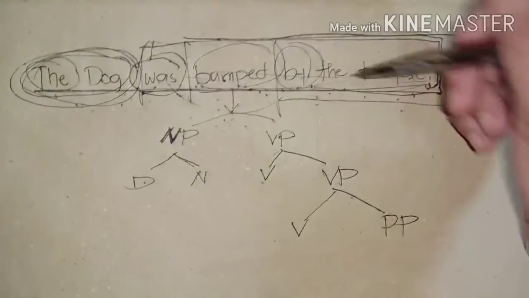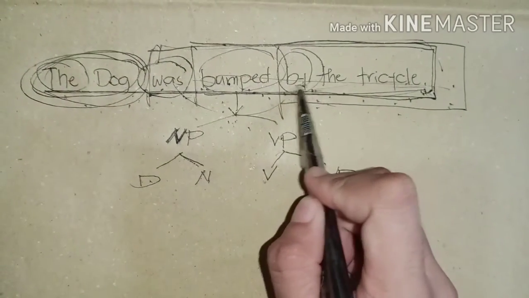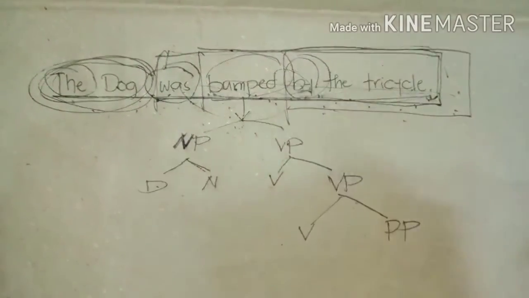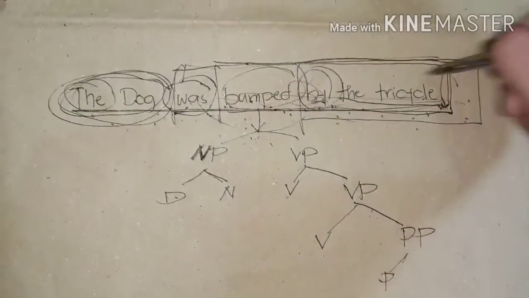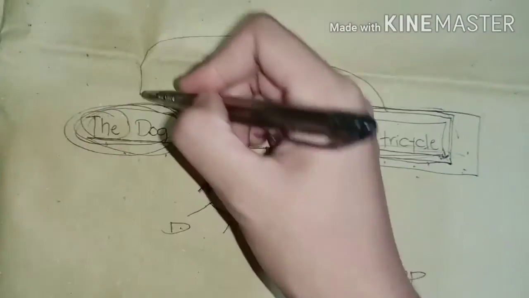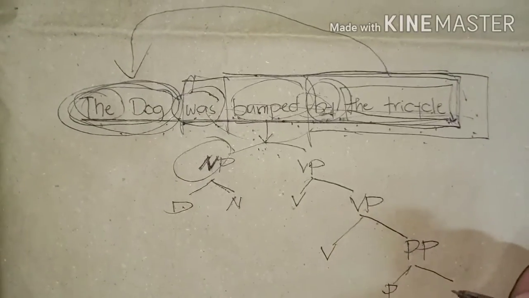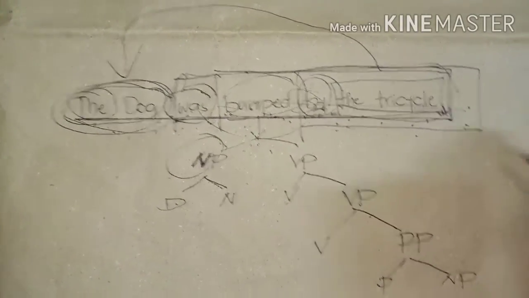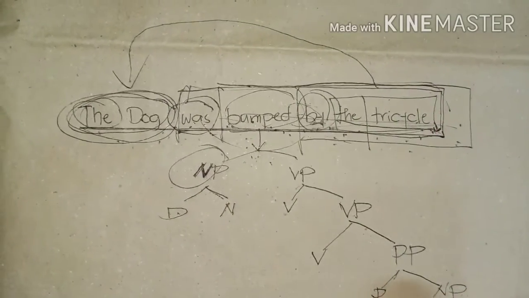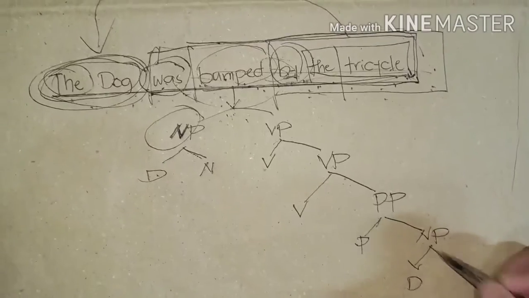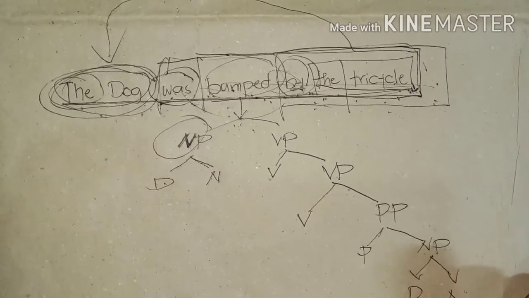Next, we're going to classify it. By is considered a preposition. And the tricycle is similar to the dog, which means a noun phrase. So we're going to break down the noun phrase and categorize the as determiner and tricycle as noun.